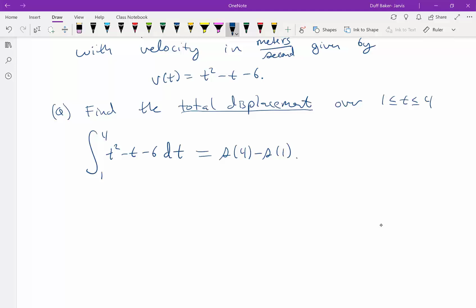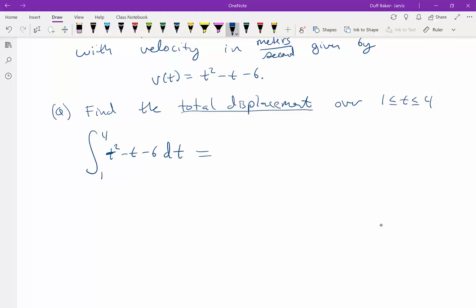But we don't actually care about what s of 4 and s of 1 are. We actually couldn't figure it out given the information. So we just crank it out. So remember, at this point, we're going to almost always do it, unless I specifically ask otherwise, using the fundamental theorem of calculus.